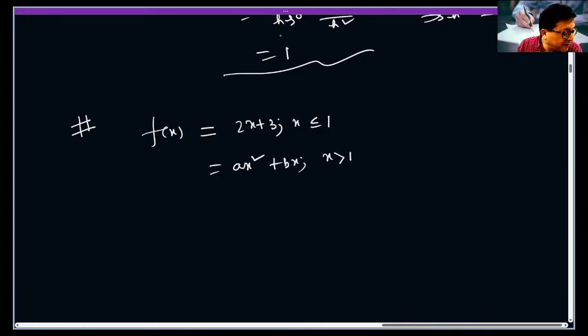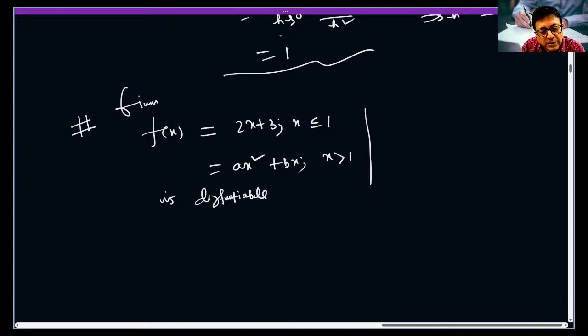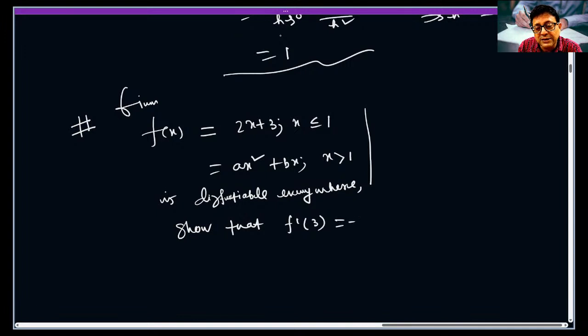It is differentiable everywhere. Then show that f dash 3 is equal to minus 10. We need to check only this thing.